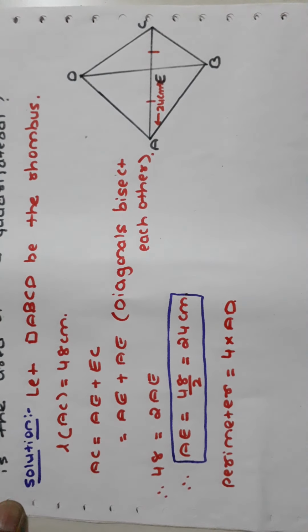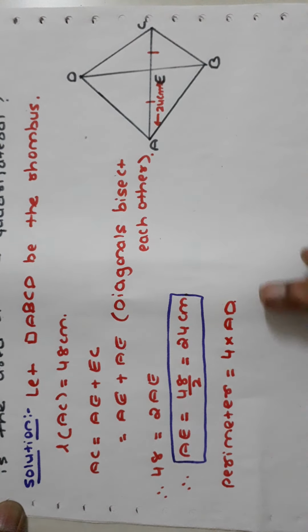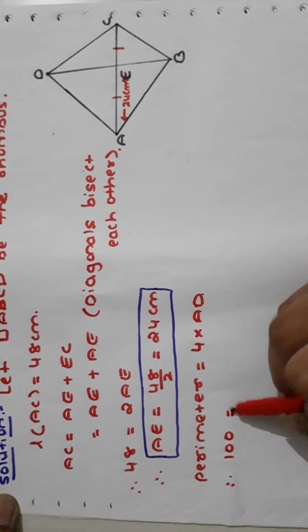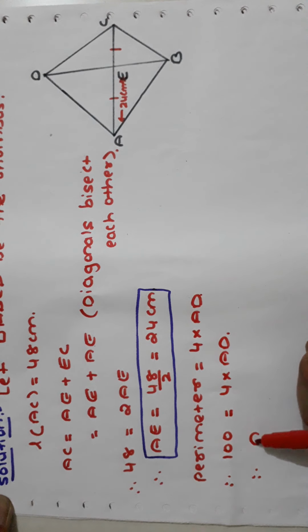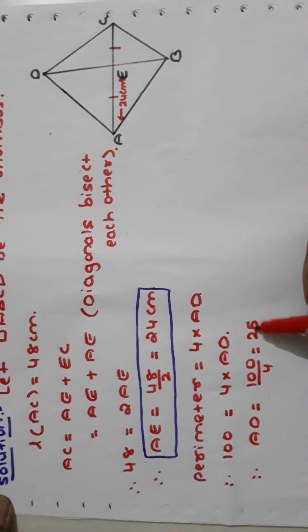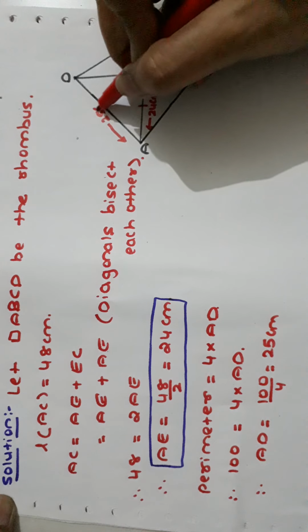Because AD plus AD plus AD plus AD gives 4 times AD. But perimeter is given, perimeter is 100. 100 is equal to 4 into AD. So therefore, AD is equal to 100 divided by 4, that is 25 centimeter.